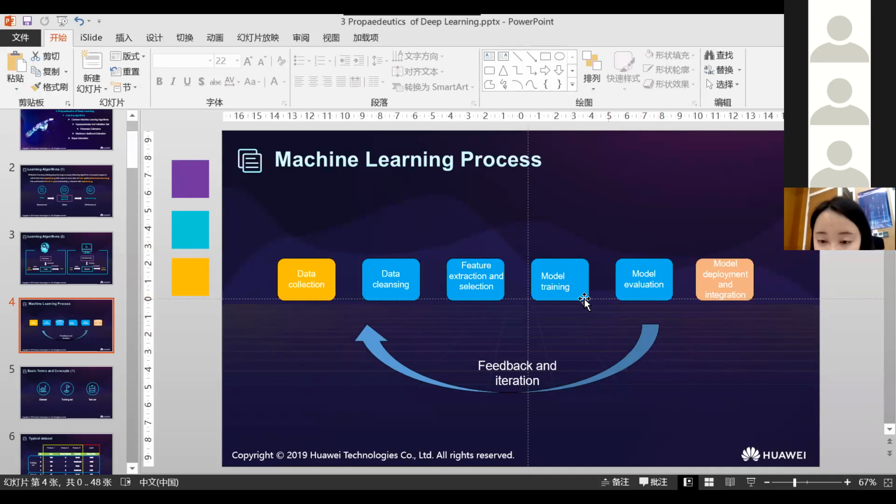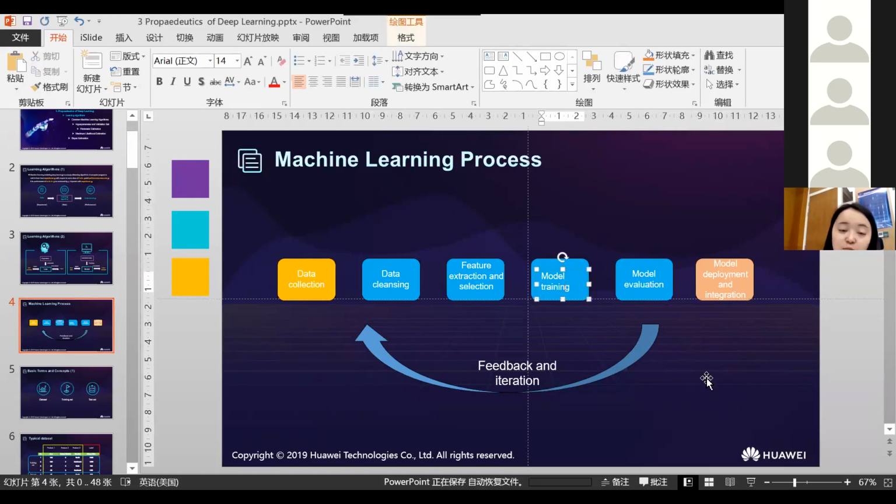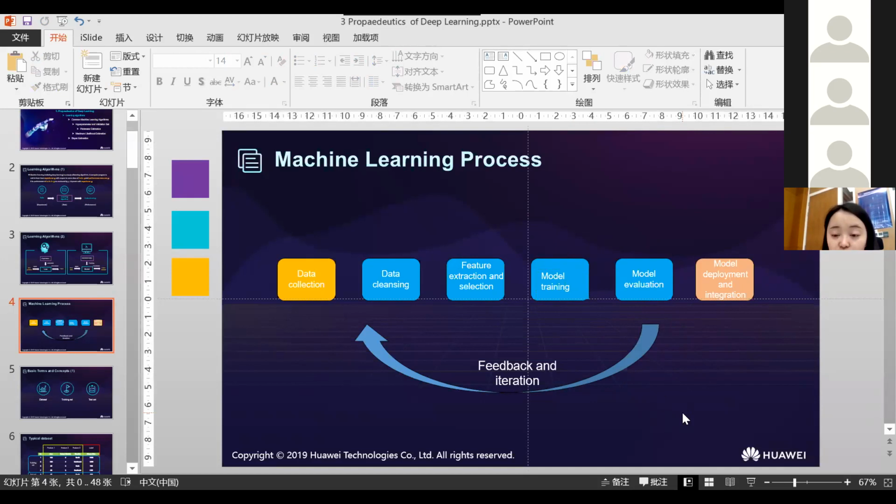And if we find that the model doesn't have problems like overfitting or underfitting, then we can deploy the model. We can integrate the model to the edge, or we can deploy the model to the cloud as an API. Then the users can use the model to make predictions and to do image classification.